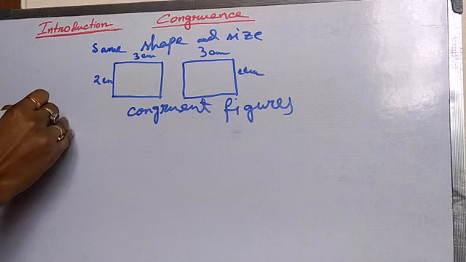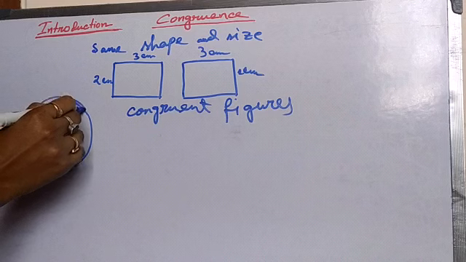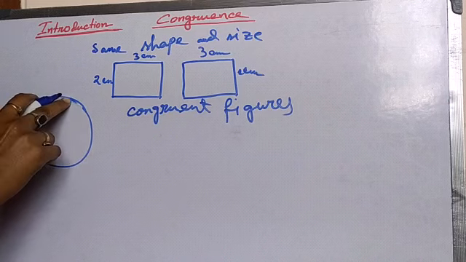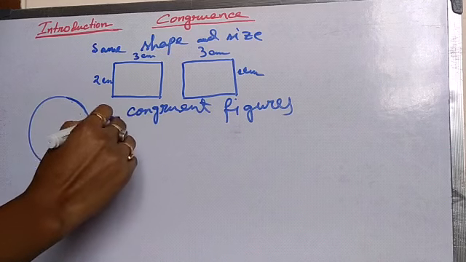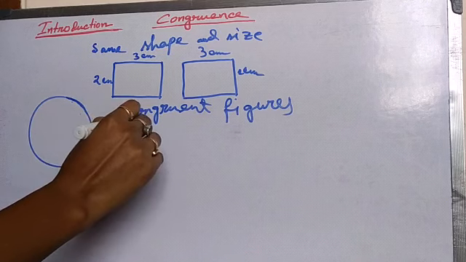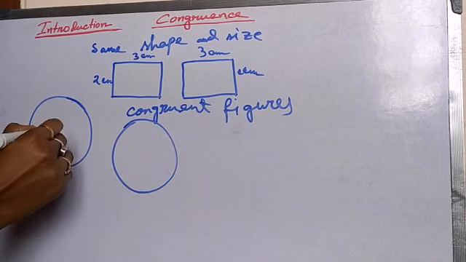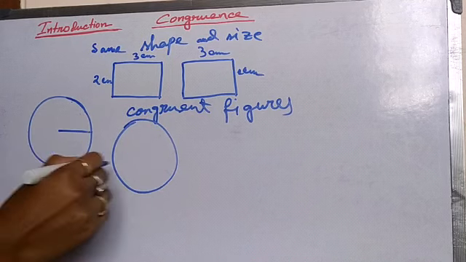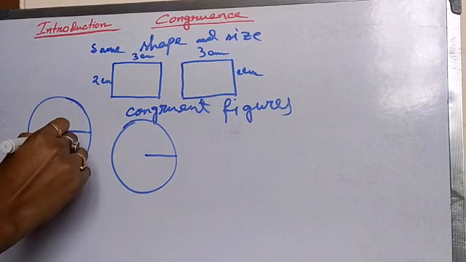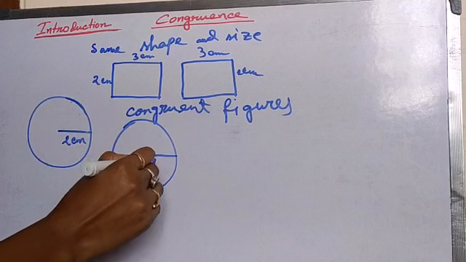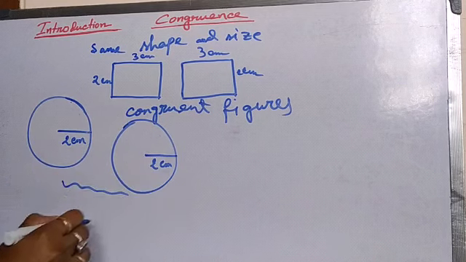Suppose I am taking circles here. One more circle. If both circles have the same radius, suppose this is 2 centimeter, this is also 2 centimeter, then we can say that these are congruent figures.